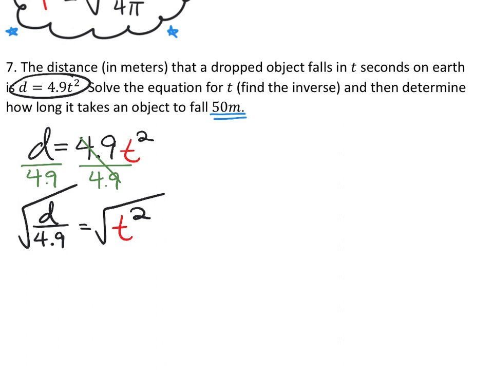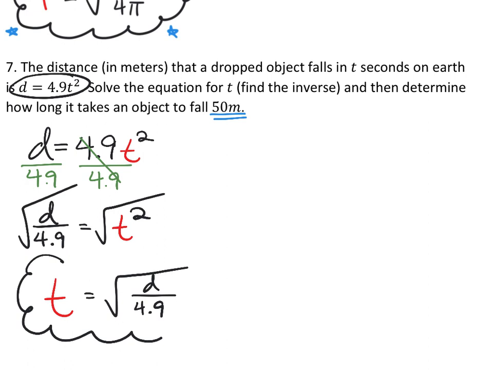And we would have that t, or my time that this object is falling, is going to be equal to the square root of the distance divided by 4.9. Again, this is helpful, especially when it comes to physics, if you had some ugly numbers you were plugging in for the distance. We don't want to solve with crazy decimals in our formulas. We'd rather solve with small little letters and then plug the numbers in later.